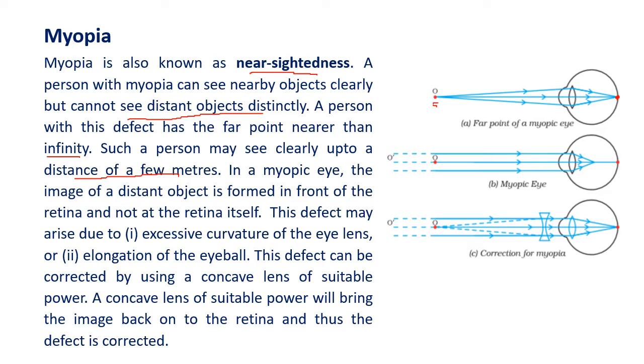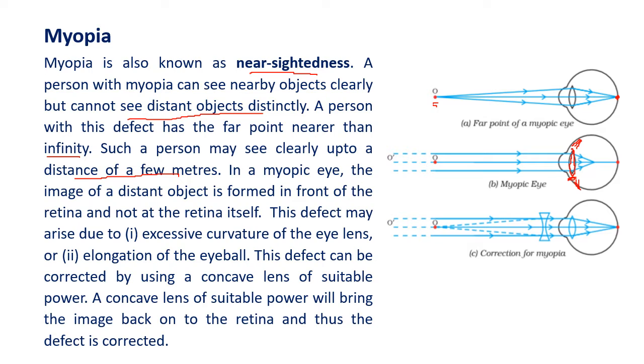Now why does this happen? To see far away objects, the lens should become thin, which means the focal length should increase. The defect arises because the ciliary muscles are not working properly and cannot make the eye lens thinner.